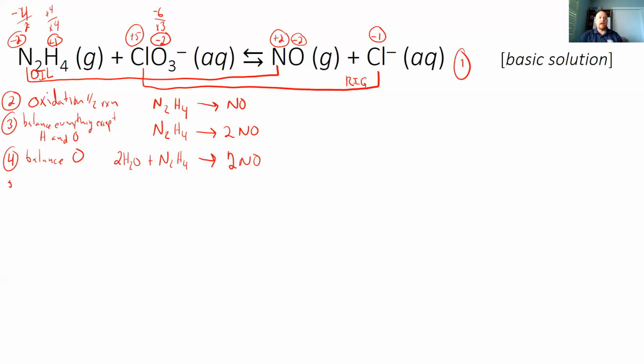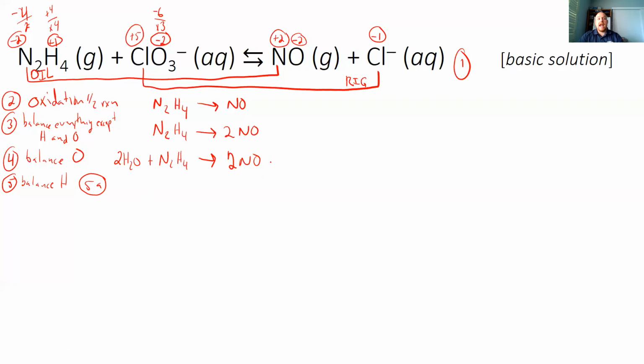Then step 5, we balance hydrogen. And in 5a, remember we add hydronium to each side for each one that we need. So here I've got 2 times 2 is 4 hydrogens on the reactant side, plus another 4 on the reactant side. So I've got a total of 8 hydrogens on the reactant side and none on the product side.